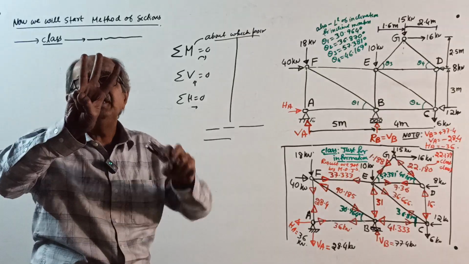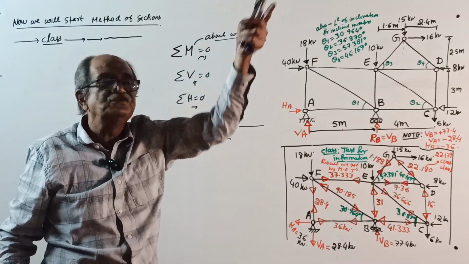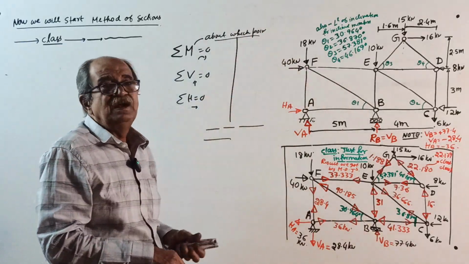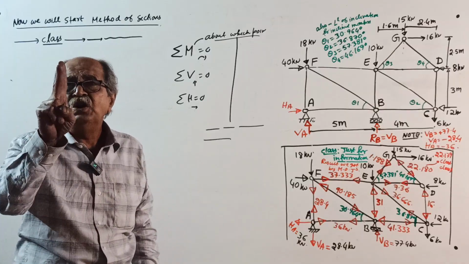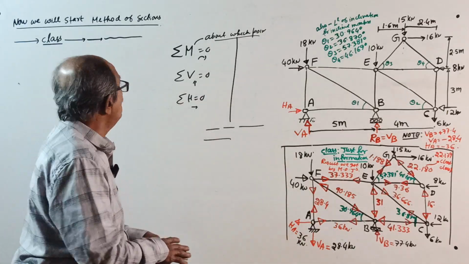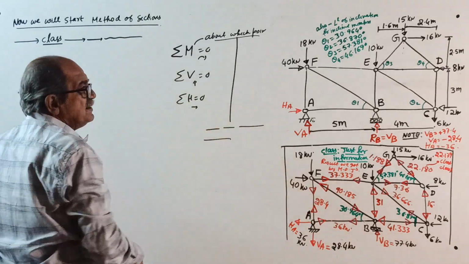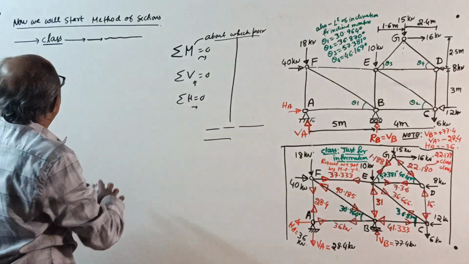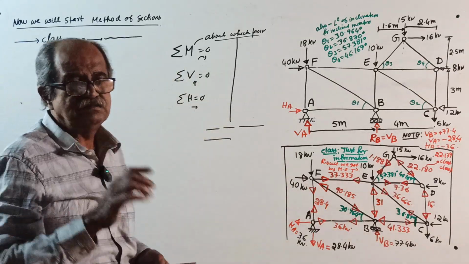Among the 3, 2 will vanish, and you get the other force. So take moment about the joint where two unknown forces are meet. Remember that one. Now we will start systematically, one by one. Time also counts, therefore I will write a neat sketch here and start.